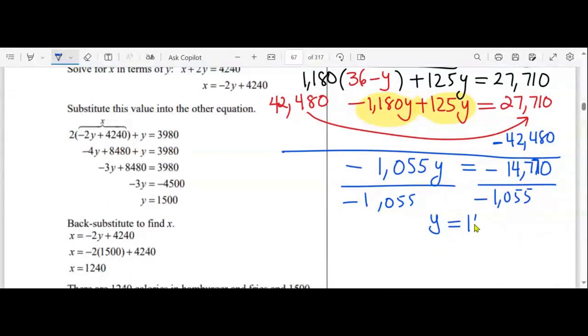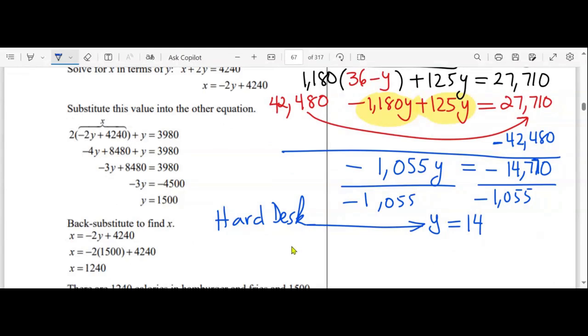14. So how many hard disks did you sell? You sold 14. We should find this. So that's 36 minus 14. If you sold 14, how many computers did you sell? 22.